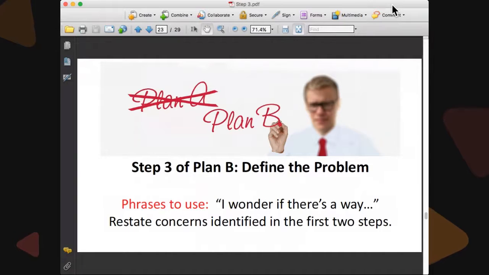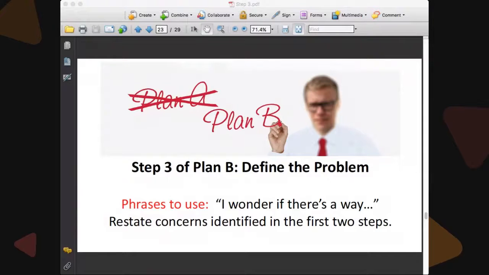So step 3, and now I can't change these, but it's the invitation. The phrase that you can use is, I wonder if there's a way. And you want to make sure that when you're brainstorming solutions, that you're talking about those unsolved problems that you've already identified.